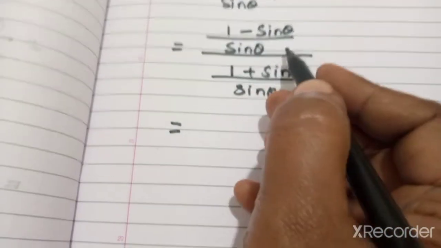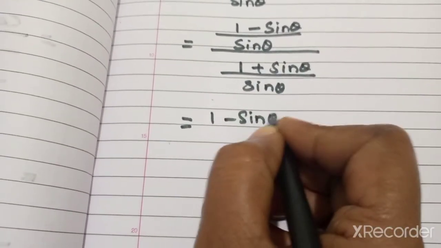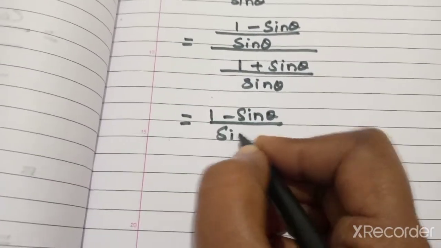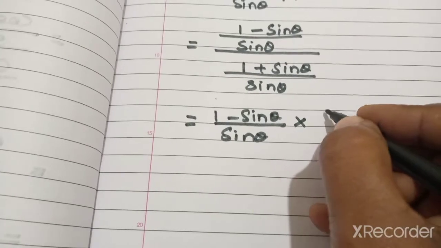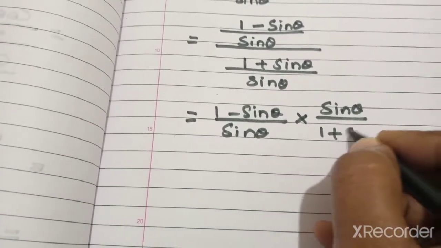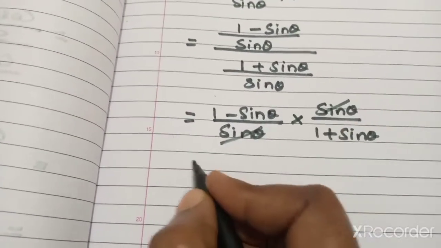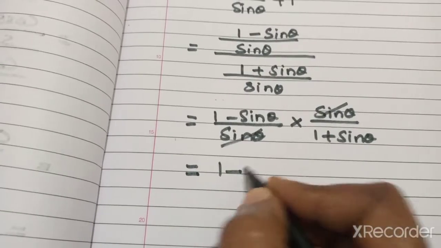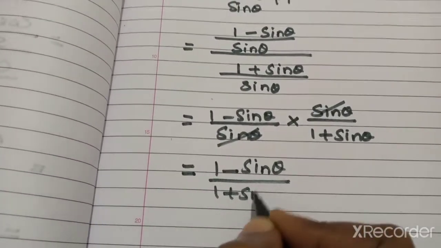So numerator terms as it is, 1 minus sin theta by sin theta. This division let us change into multiplication, so reciprocally it can be written as sin theta by 1 plus sin theta. Let us cancel this sin theta. Remaining we have 1 minus sin theta by 1 plus sin theta.